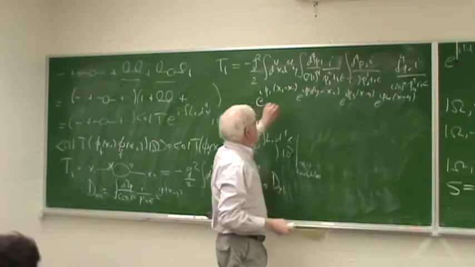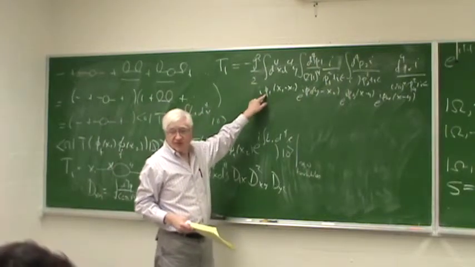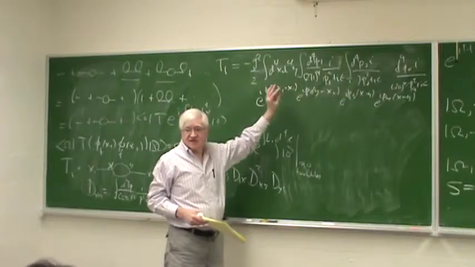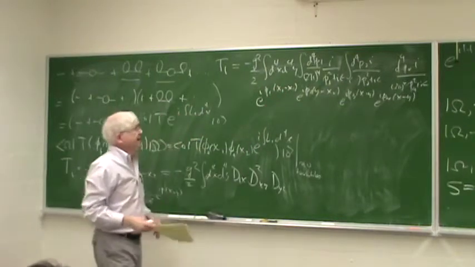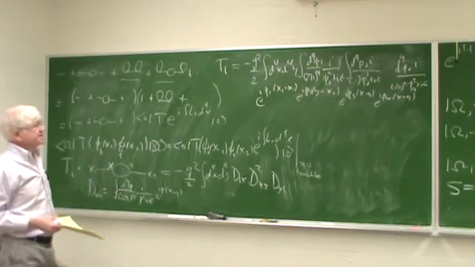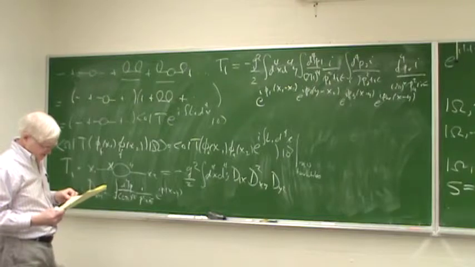In any of these cases, you can flip the sign of this 4-vector, or you can flip the sign of x1 minus x2. This is for this theory of a real scalar field.